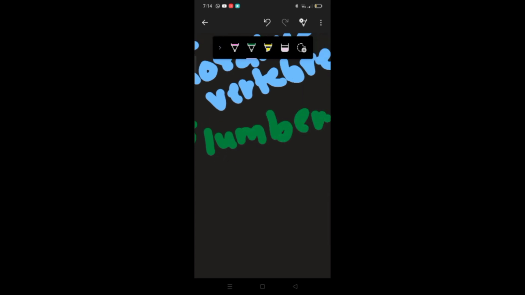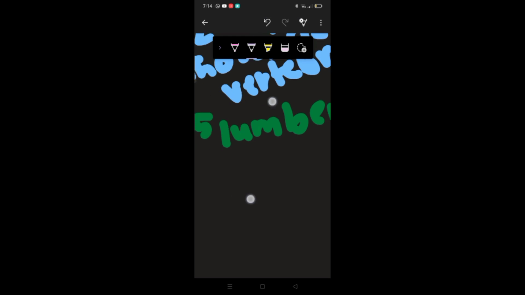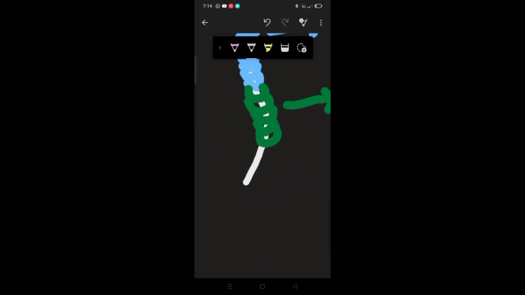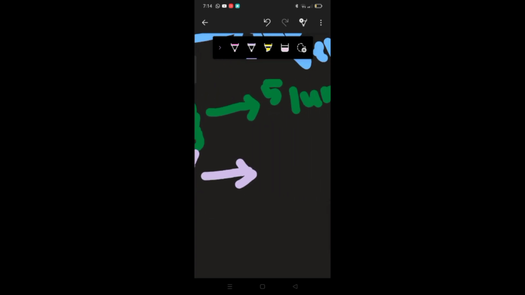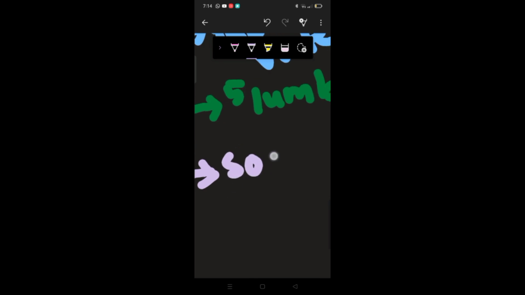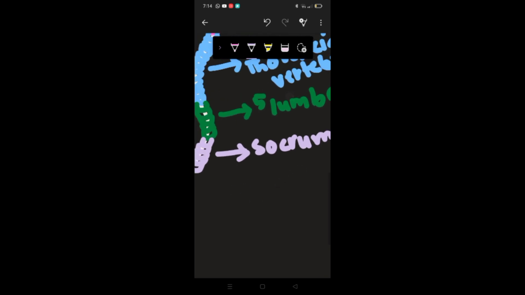Then again we have sacrum. Here 5 vertebrae are combining together and forming one sacrum. So this is sacrum and it is made up of 5 vertebrae.